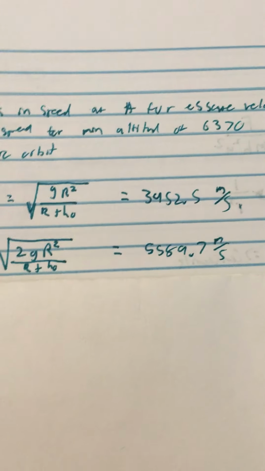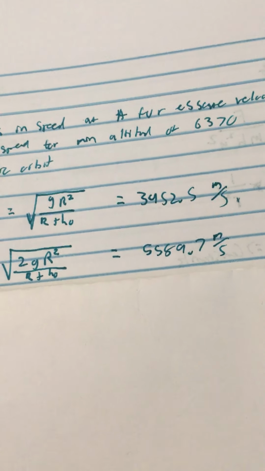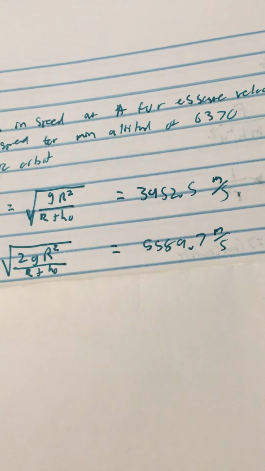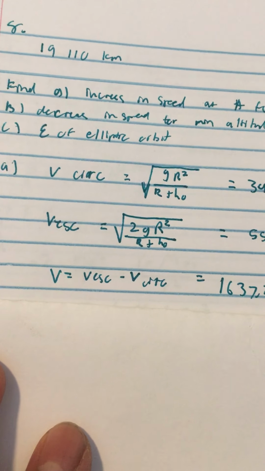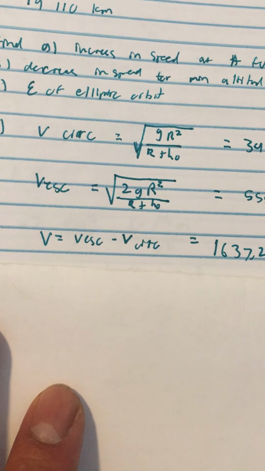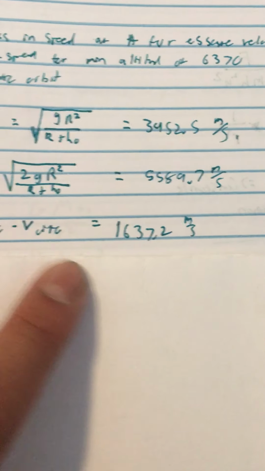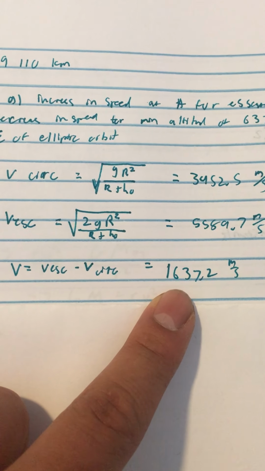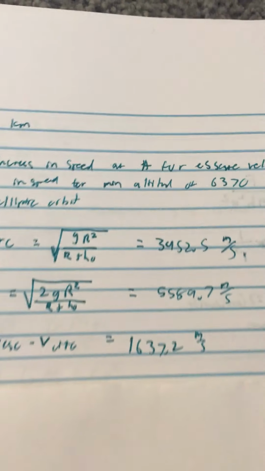So we get 5589.7, and we know that the velocity change equals the escape velocity minus the circular velocity, which equals that right there, and that's how much it is going to need to increase in order to escape. Okay, so that's A.